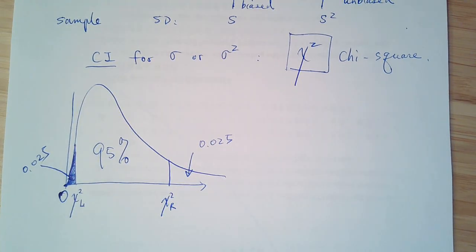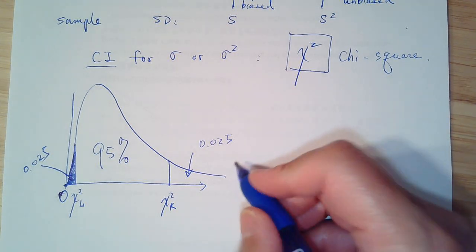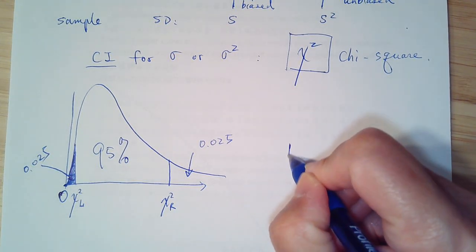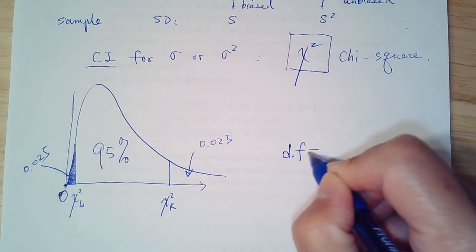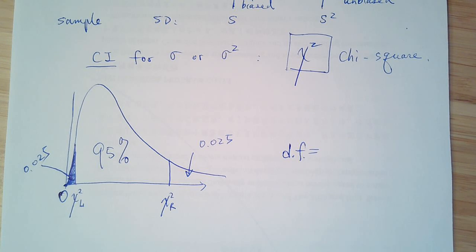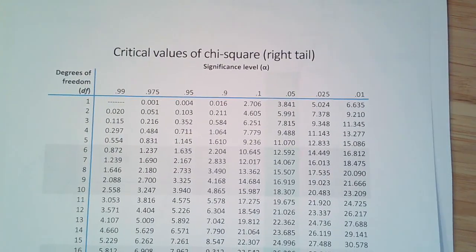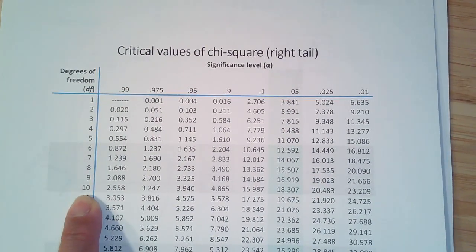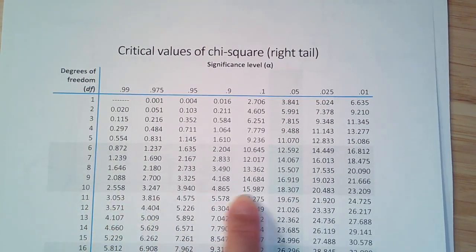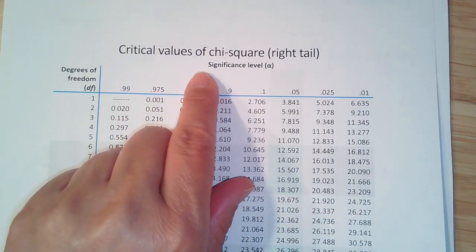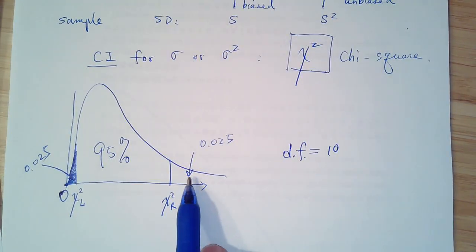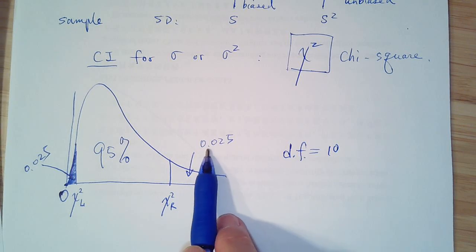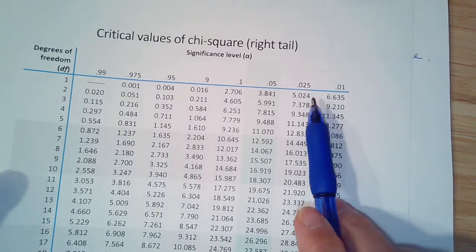All right, now let me show you how to do that. For example, I give you the degree of freedom, let's see, I find the degree of freedom is 10. Let's try that. By looking at this table, here is the degree of freedom 10. So we're going to use this one, right? And remember, this one is the right tail area. So here, the right tail area is 0.025. So we just need to look here.